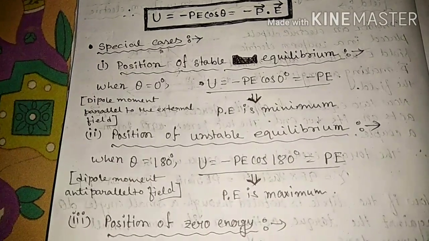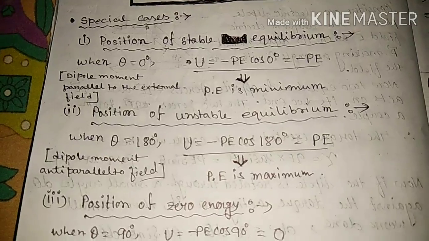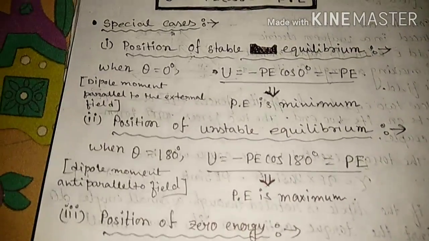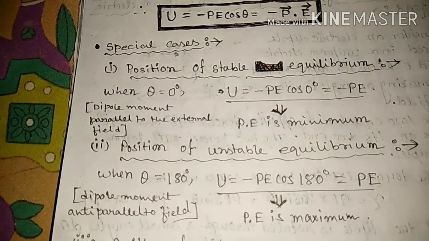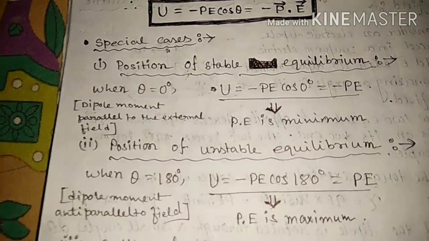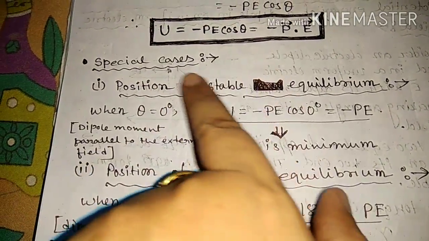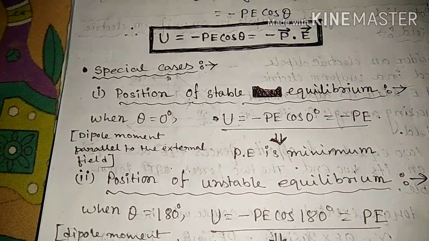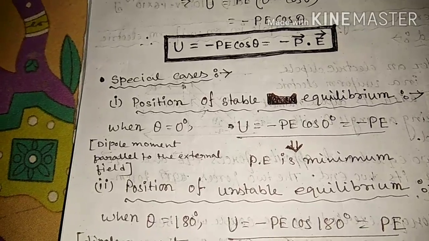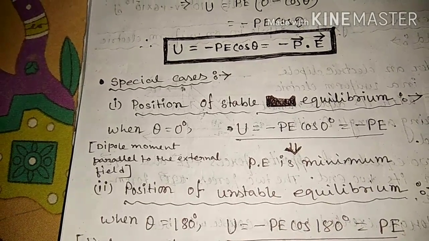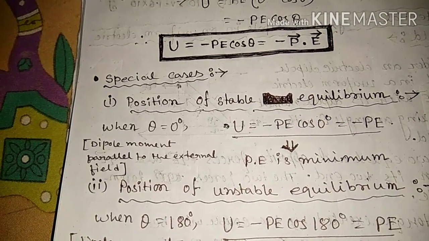We also studied this type of stable and unstable equilibrium in the first chapter, when we studied the dipole placed in a uniform electric field and first understood the concept of torque. First is the position of stable equilibrium, when the dipole and the electric field are stable, and the answer is when theta equals 0 degrees.